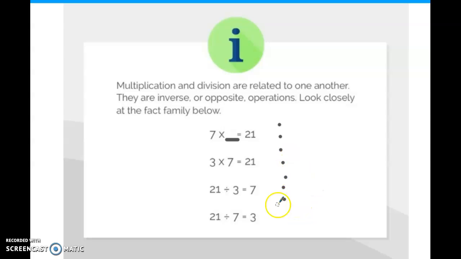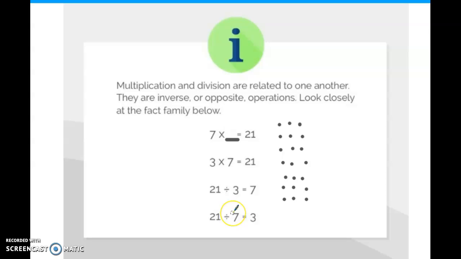Okay, and then I could just go down 7, 8, 9, 10, 11, 12, 13, 14, 15, 16, 17, 18, 19, 20, 21. And when I got to 21, I would stop because there's 7 rows and 3 in each row. So that would mean 7 times 3 equals 21. That's using an array to solve for this problem.